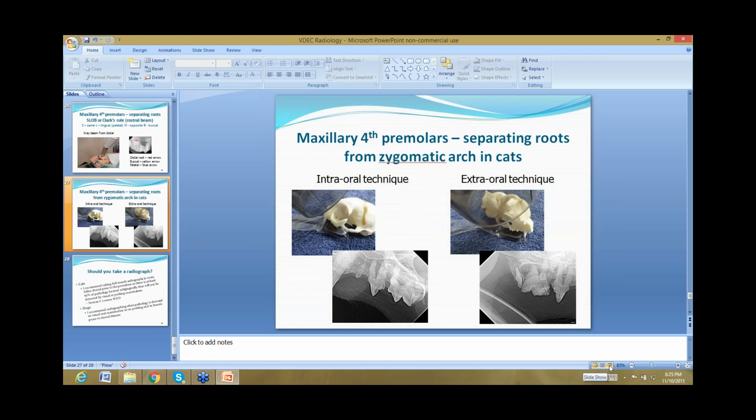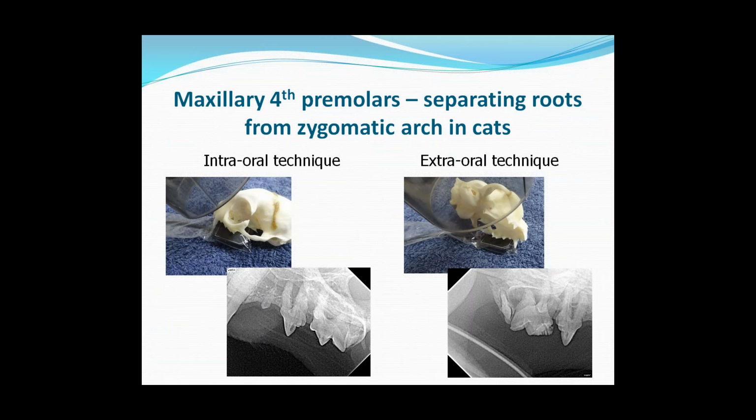Okay, so for everyone who is either still watching or anyone who is listening because they haven't been able to attend, we now have the maxillary fourth premolar showing the separation of the zygomatic arch and the upper fourth premolar.